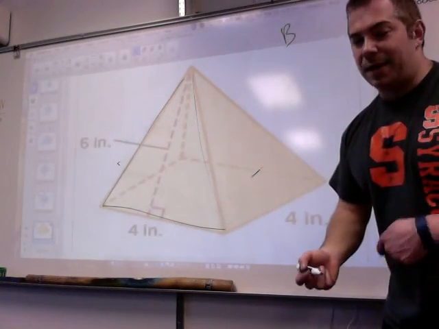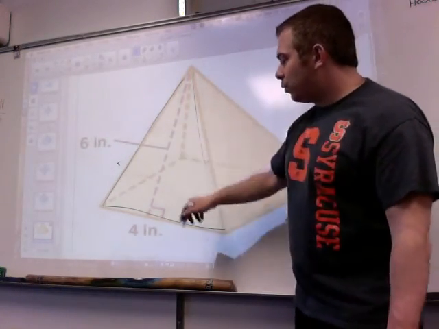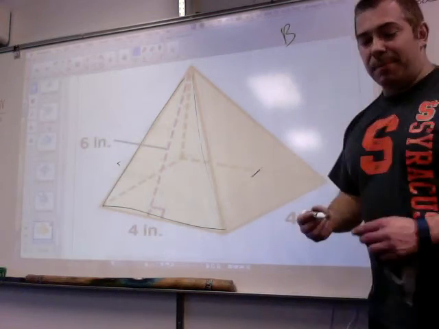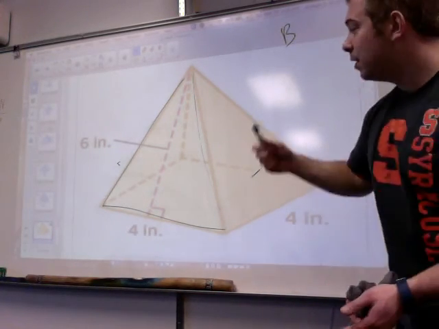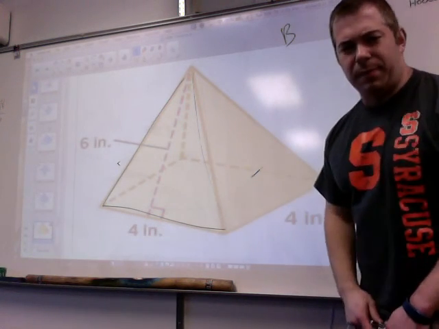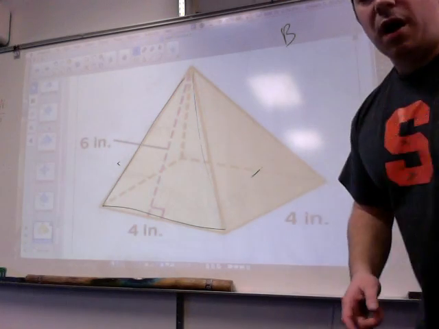Multiply those and then divide them by 2. That'll give you the area of this triangle. But you have 4 of them, so whatever you get, you multiply it by 4, you add it to your big base, bada bing, bada boom, you have the surface area of this pyramid. I hope I've been saying pyramid this whole time. Maybe I have, maybe I haven't. You can check me. All right, good luck.